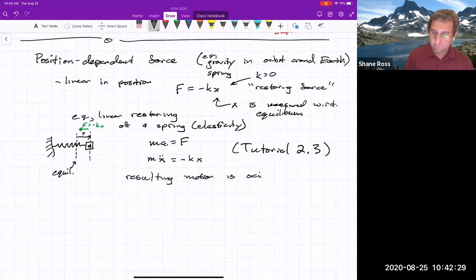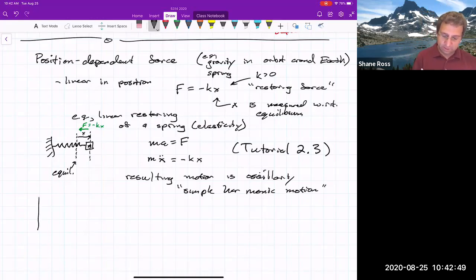Oscillatory, or we also call it simple harmonic motion. And I'll just sketch what we expect.